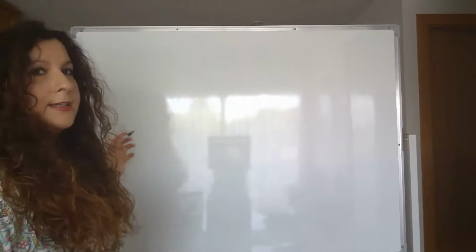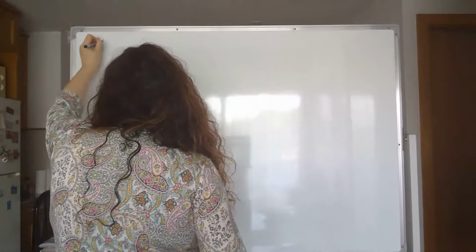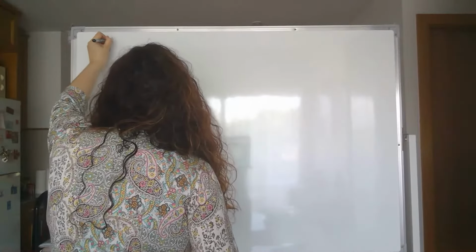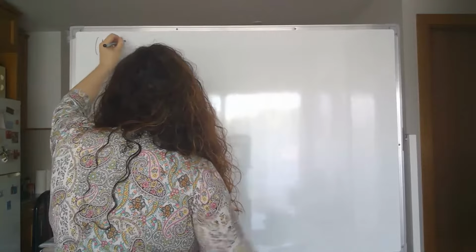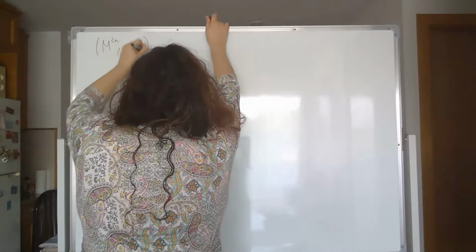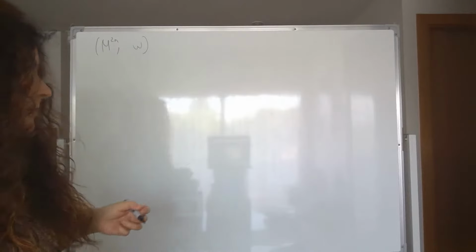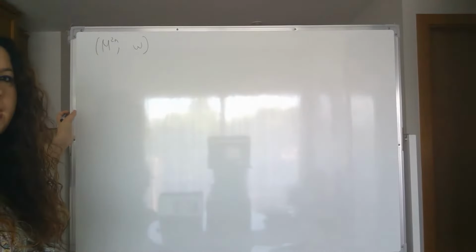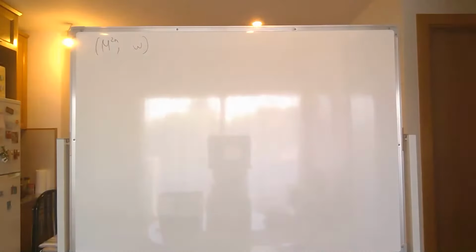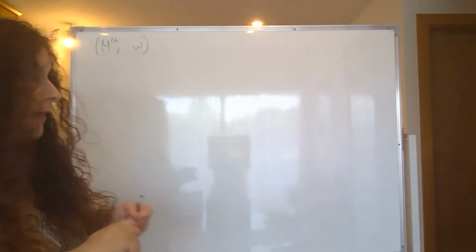So the first thing is the definition of symplectic manifold. We have an even dimensional manifold, and I have a 2 form, omega. Maybe I'm going to put more light. Okay.